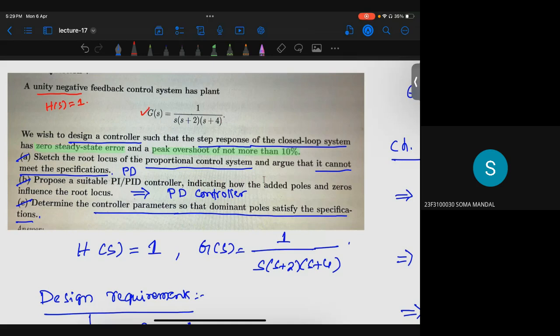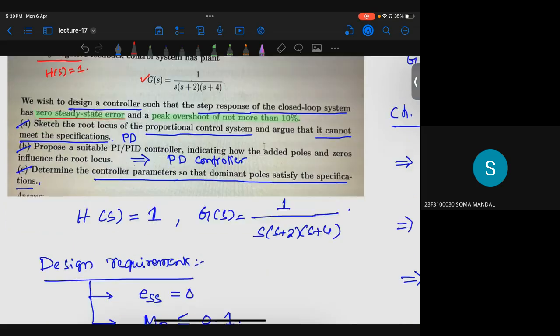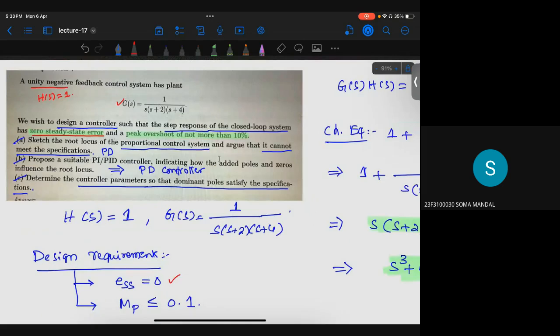We want to design the controller such that the step response of the closed loop system has zero steady state error. That means the design requirements are: the steady state error ESS has to be 0, and peak overshoot should be 10%, which means 0.1.